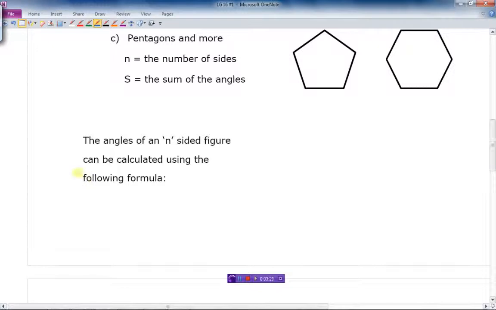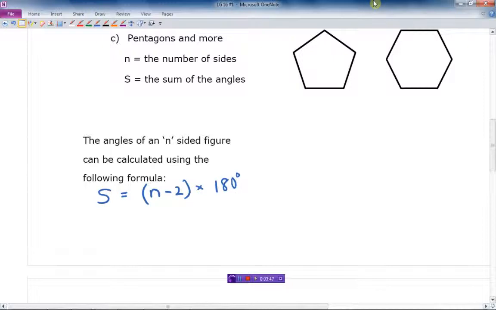What you're going to write here is the sum of the angles of any polygon is equal to the number of sides, and just subtract 2 from it, and multiply that times 180 degrees. This formula can be written in many forms, but this is what I'm showing you today. Just multiply that by 180, and that gives you the angles in the shape.